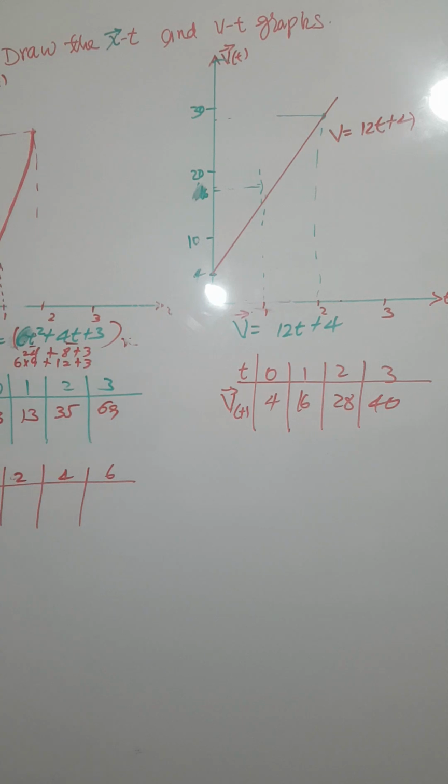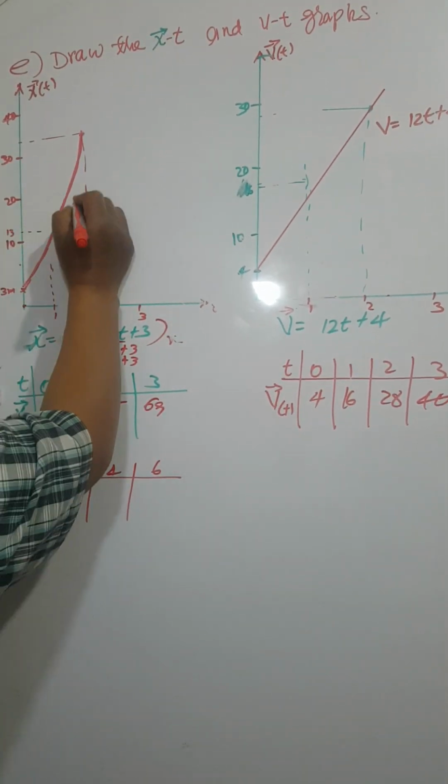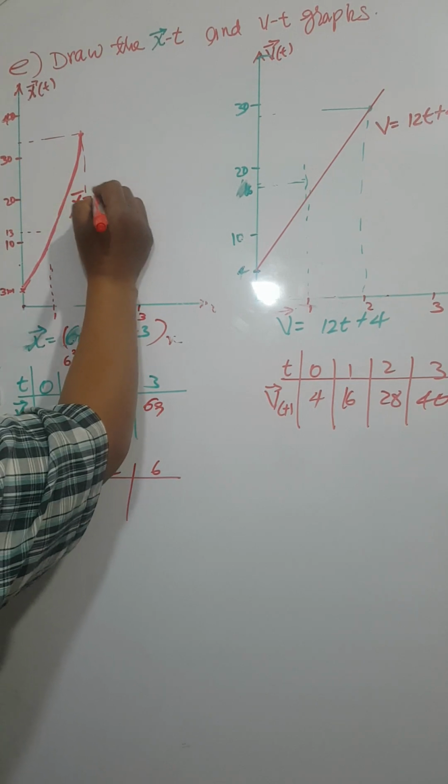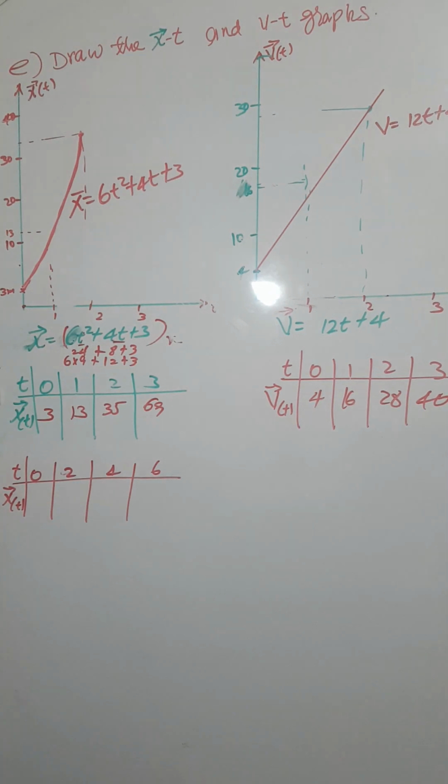Again here, we shouldn't forget to write the formula: x is equal to 6t squared plus 4t plus 3. This is the displacement-time graph, and this is the velocity-time graph.